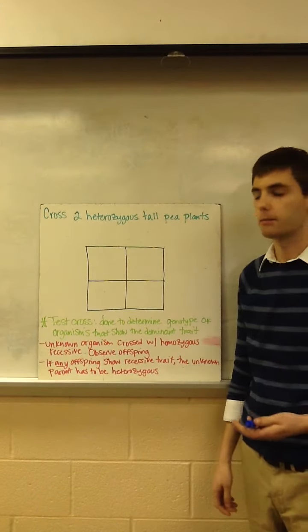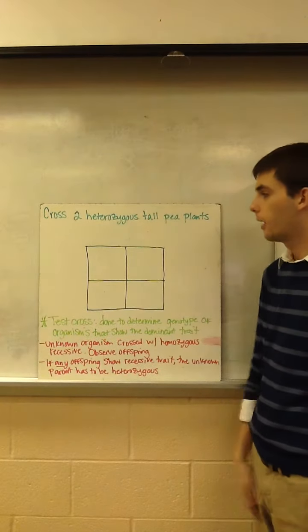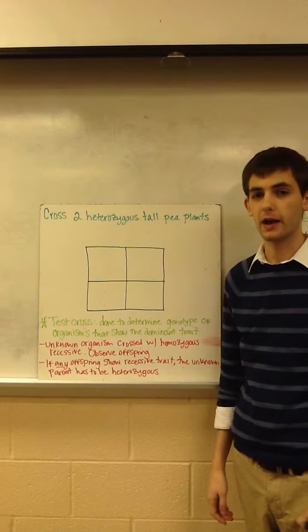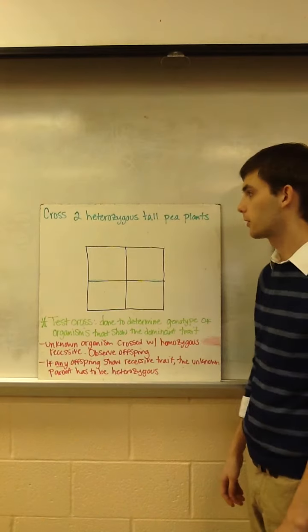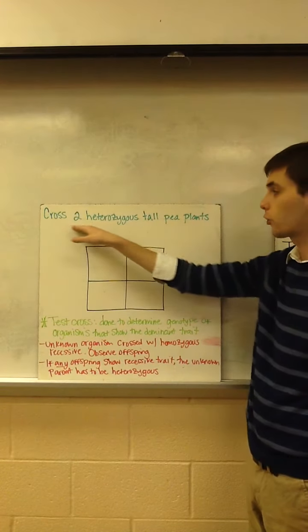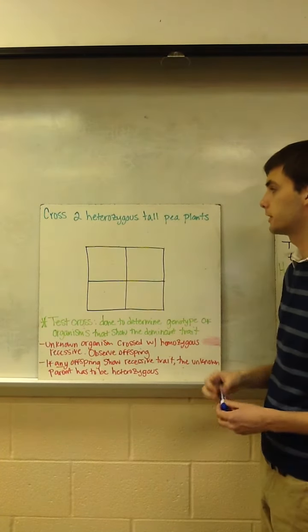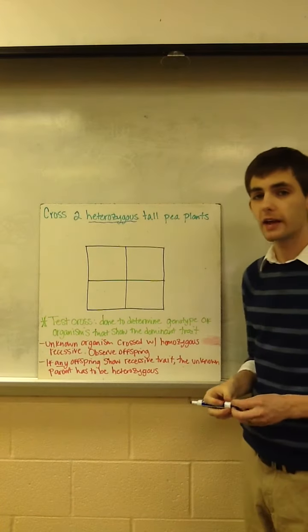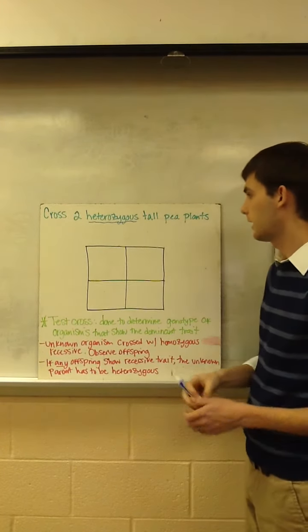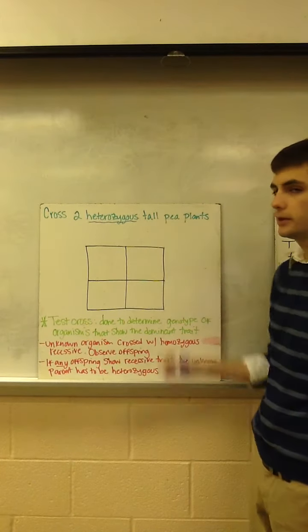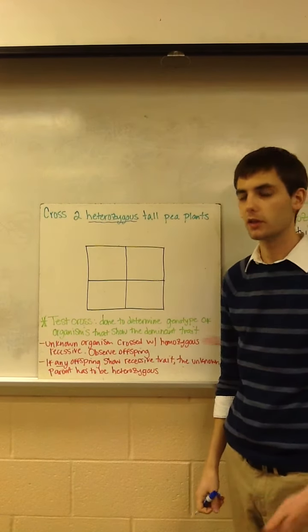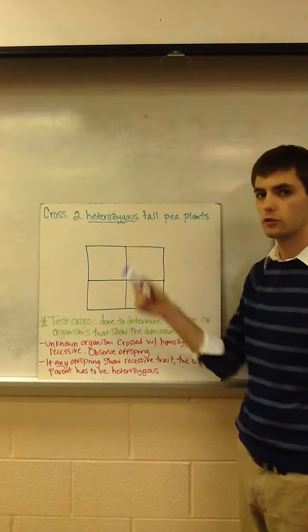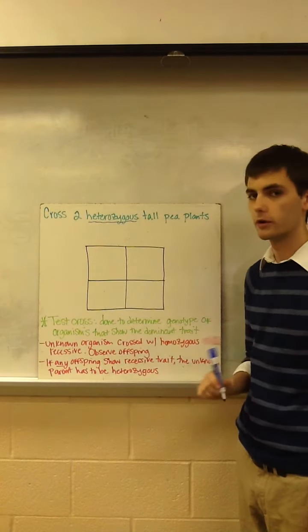Now we're going to do an example of a Punnett Square. A Punnett Square is a way to organize information when solving genetic problems. So in this problem, we're asked to cross two heterozygous tall pea plants. So the key word here is heterozygous. Heterozygous means two different alleles. And if we're talking about tall pea plants, you typically use the letter of the dominant trait to represent your alleles.